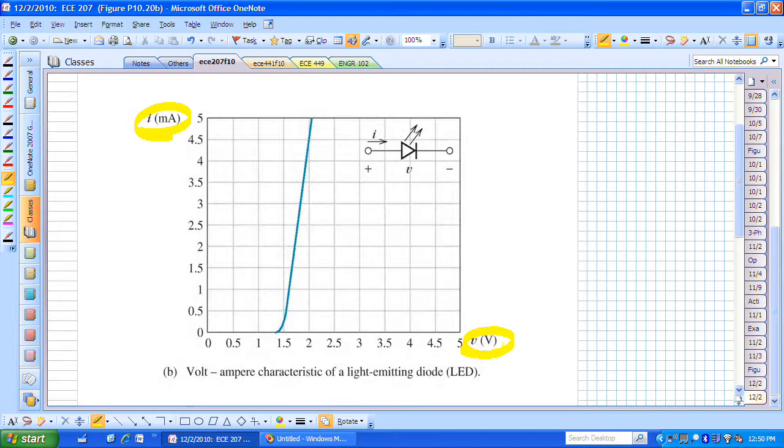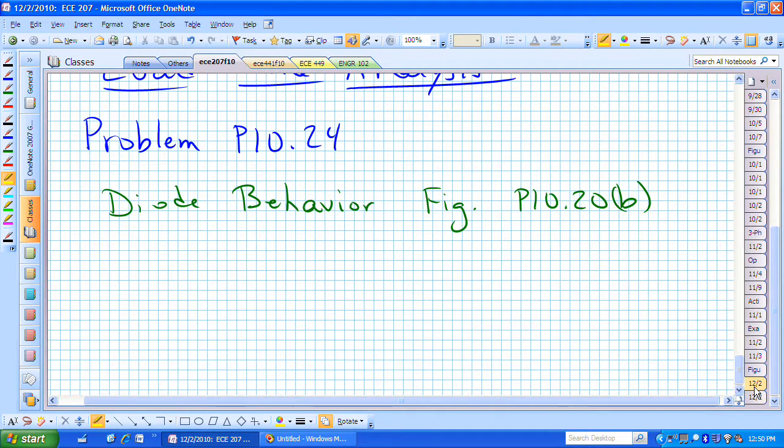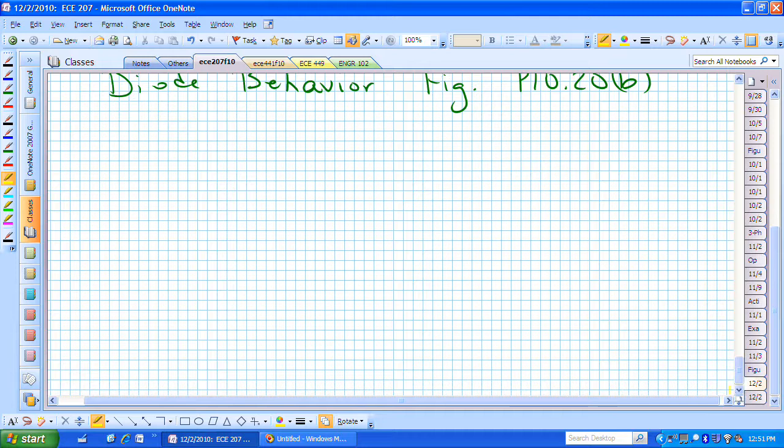In this particular case, this is a light emitting diode, and we're trying to figure out under what conditions, or at what current and voltage, will this circuit actually start conducting and allow that LED to be turned on.